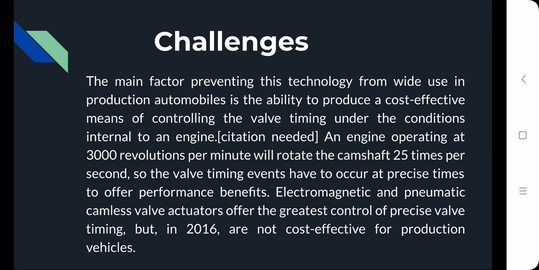An engine operating at 3000 revolutions per minute rotates the crankshaft 25 times per second. So the valve timing events have to occur at a precise time to offer performance benefits.